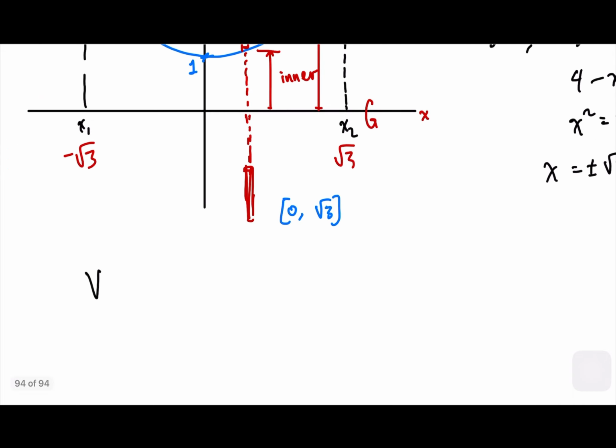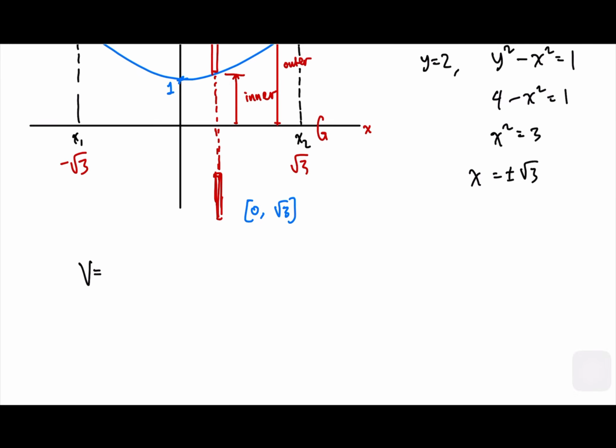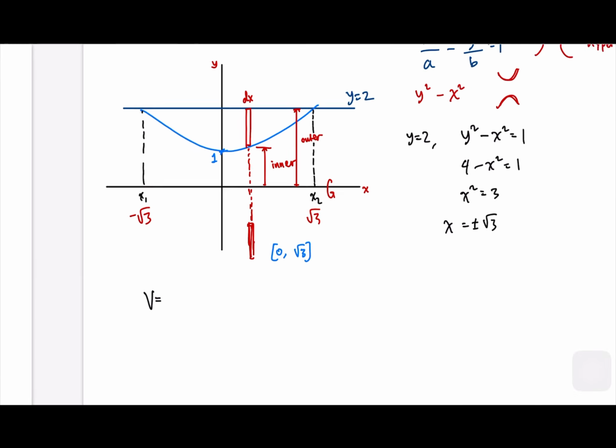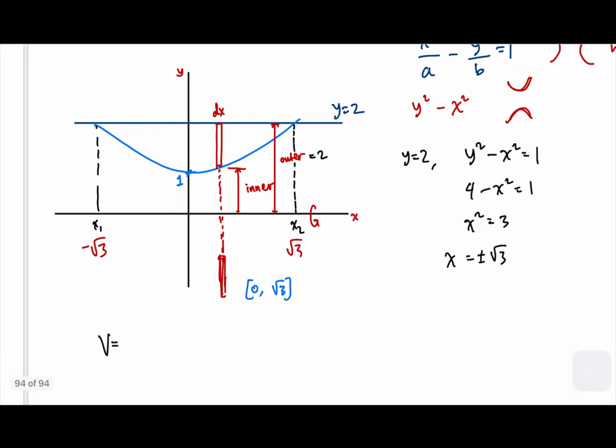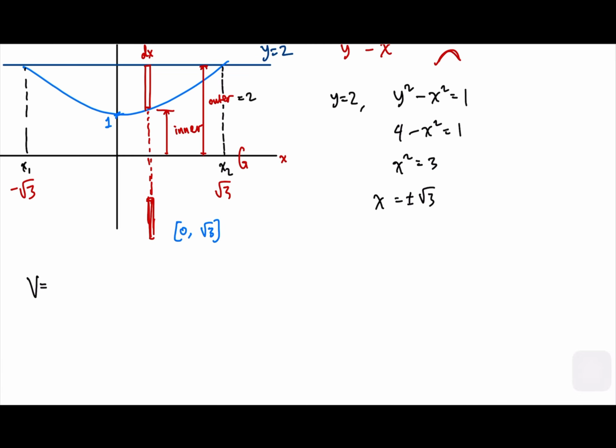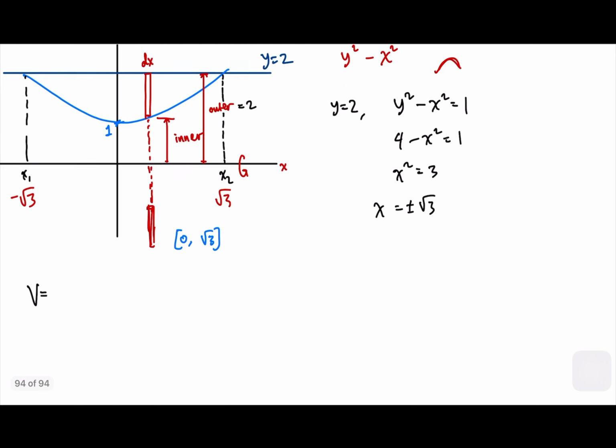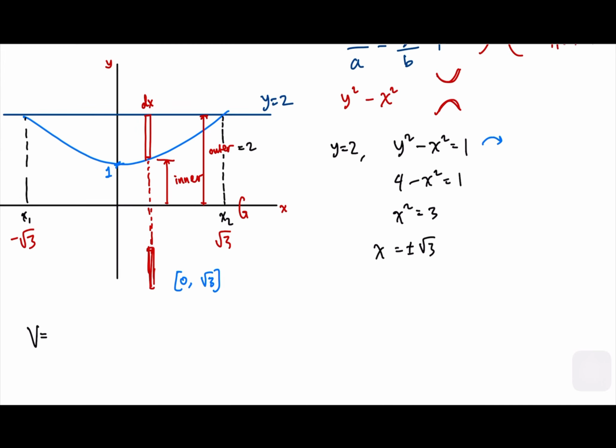Then we can find the volume. The outer radius is just 2, just y equals 2. The inner radius is the curve, in our case the hyperbola function. We can write it in terms of y, as a function of x.